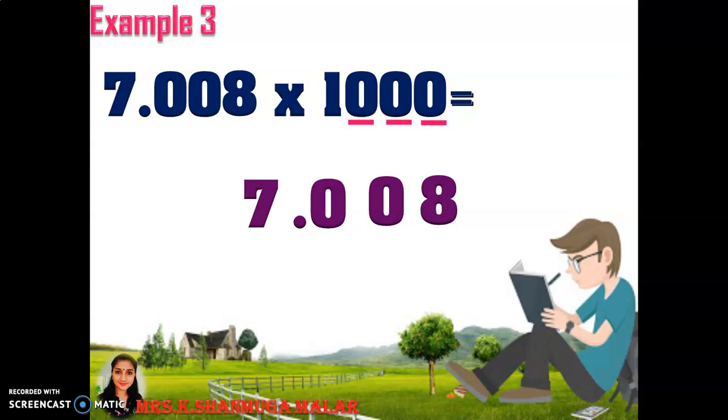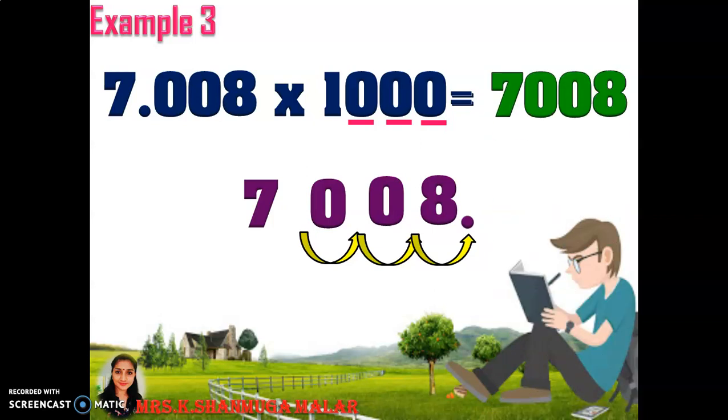There are 3 zeros. So we must move this decimal for 3 decimal places. 1, 2, and 3. Now the answer is 7008. Do you understand, students?